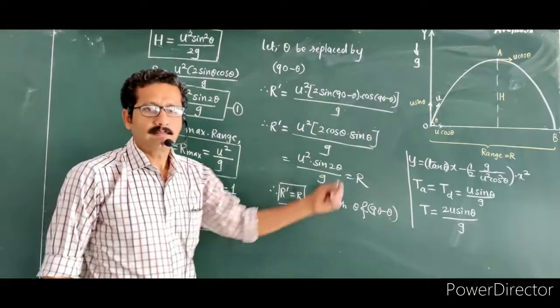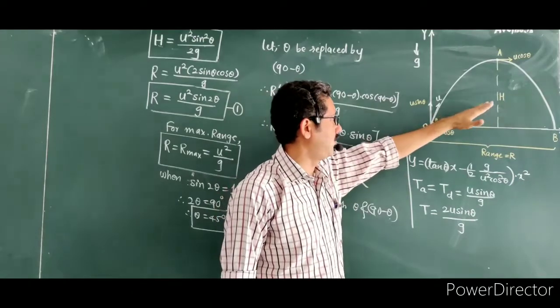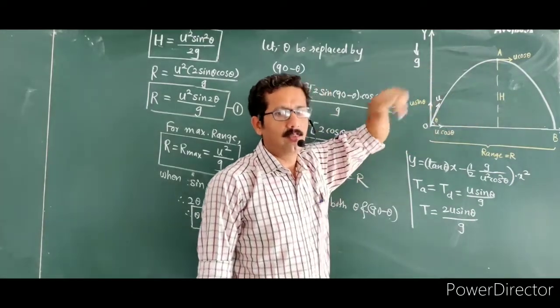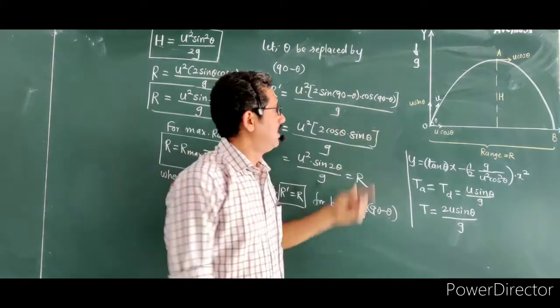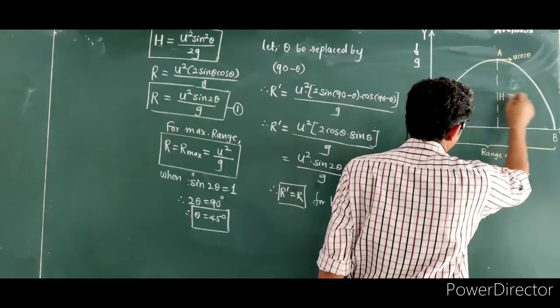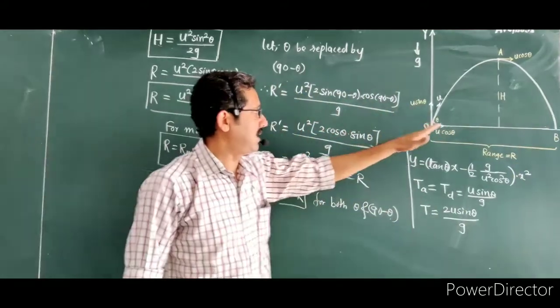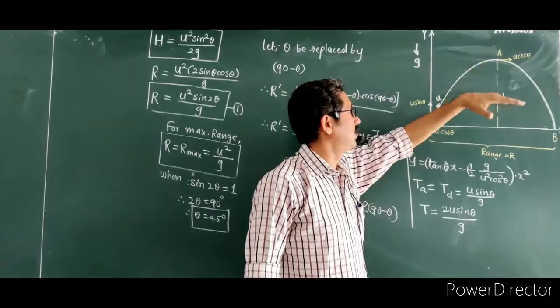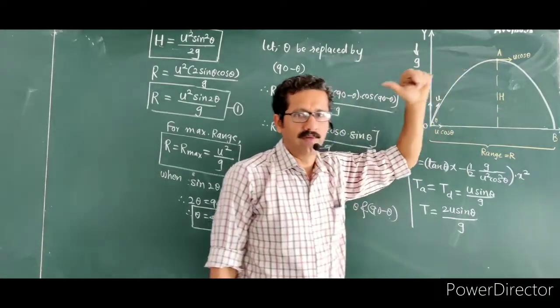That is, if I throw a ball initially with a 20 degree angle of projection and later on with a 70 degree angle of projection, 90 minus 20, that's 70, in both cases it will cover the same distance R, but the times and the trajectories would be different.